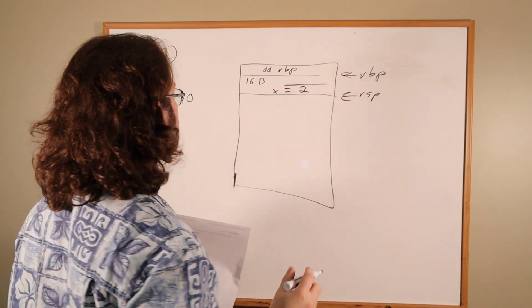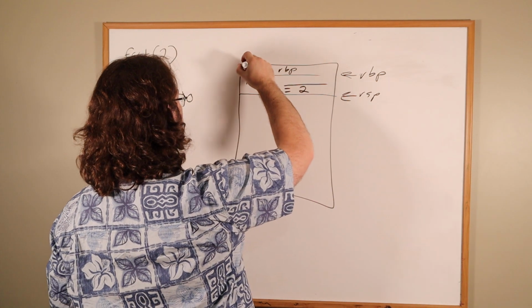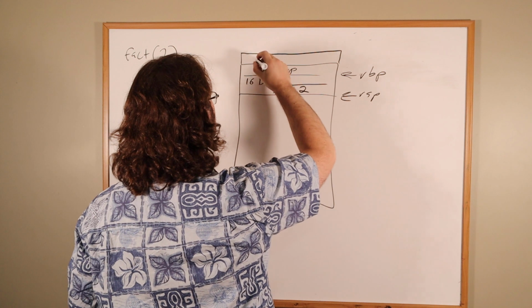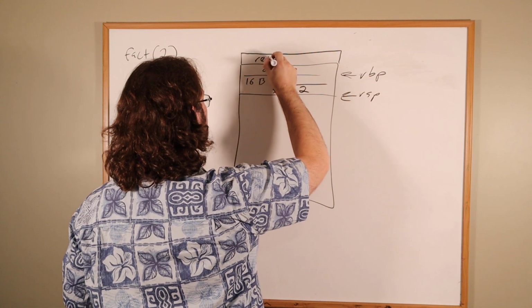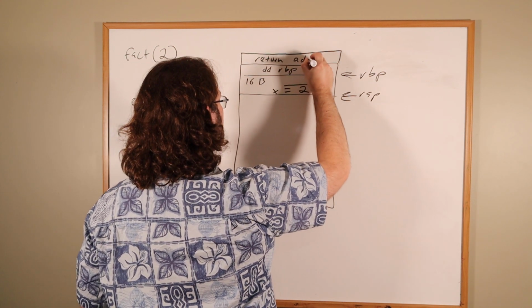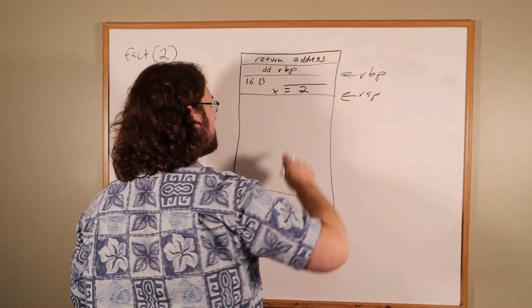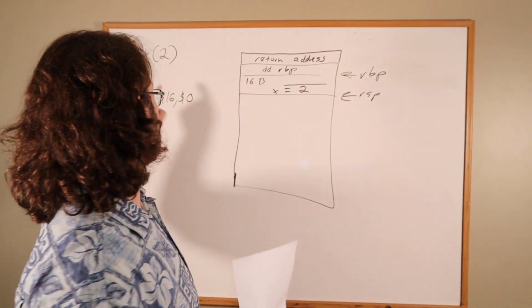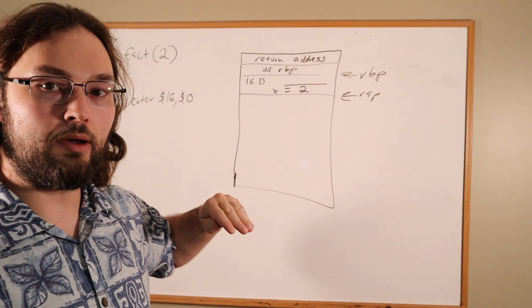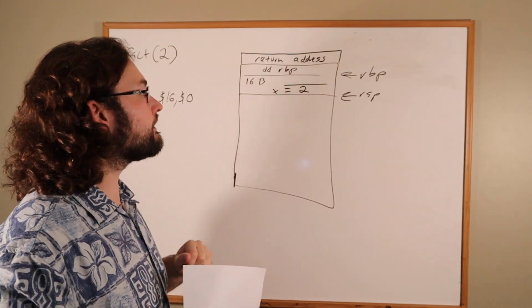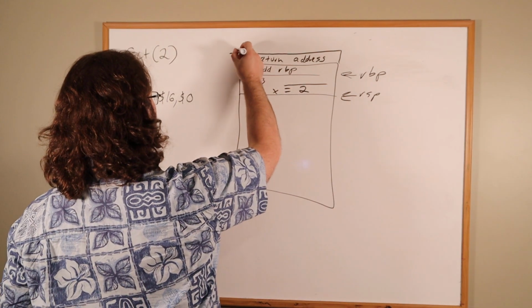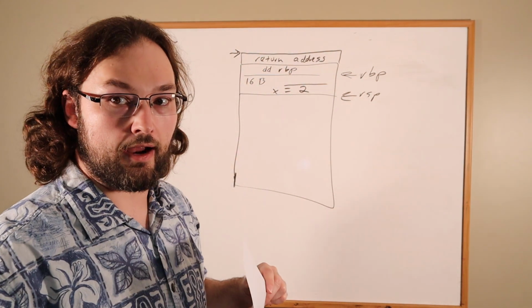Now there's one other thing that's important in here. Before our function even starts executing, the call instruction, the instruction that called us, because someone said call fact, pushed the return address onto the stack. So before the call instruction, the stack pointer was pointing there.